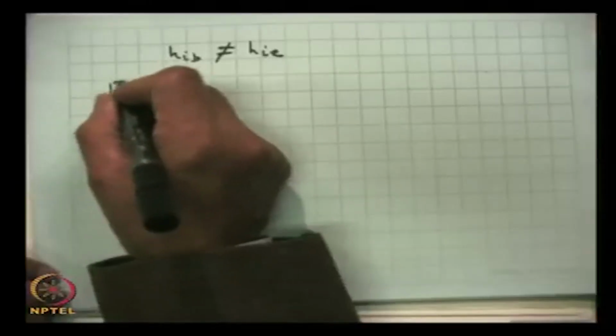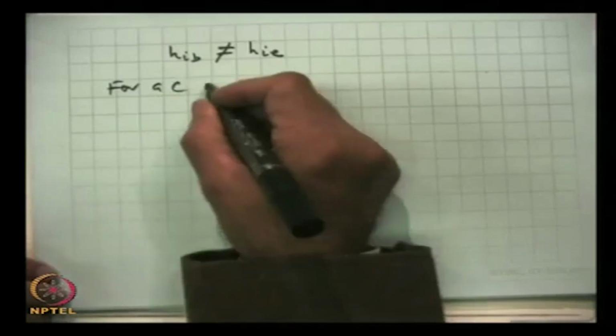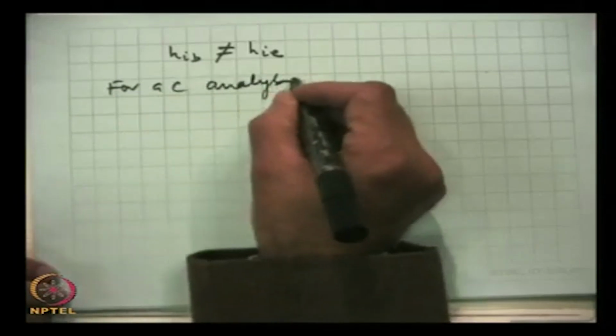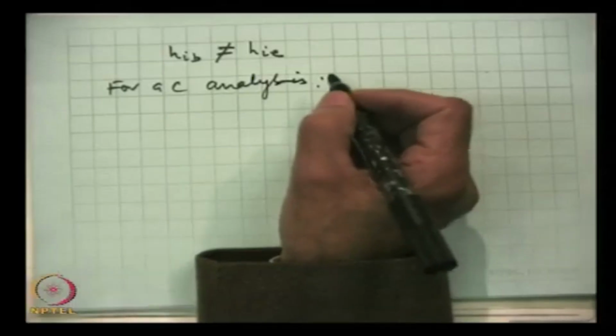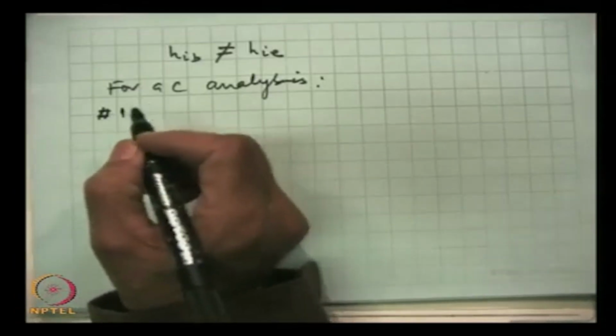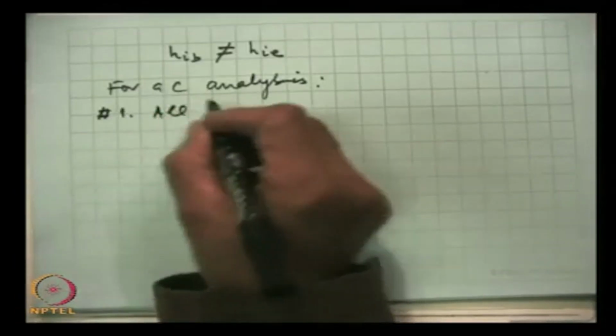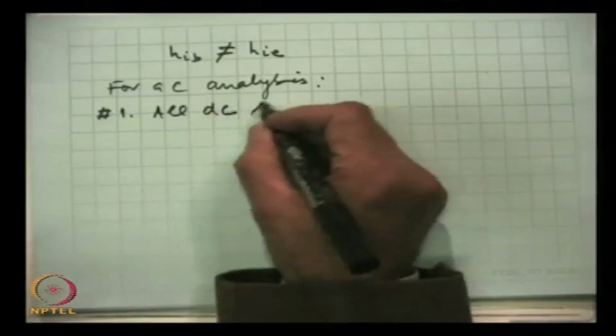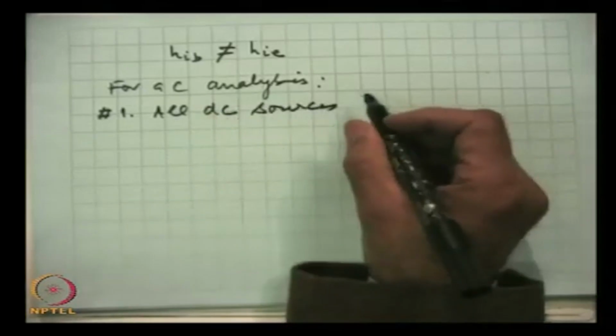Now, before we proceed to the analysis, there are certain thumb rules of the analysis. Let me make at least 2 points clear. For AC analysis, 2 things we should keep in mind. Number 1, all DC sources have to be reduced to 0.